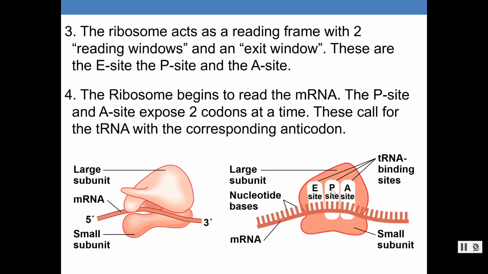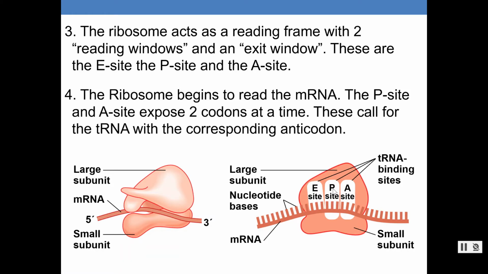Okay, so I have my E site and P site and A site, so there's actually room for 3 tRNAs to be here. So each one of these spaces has a different kind of function. The A site, this is where the tRNAs enter for the first time. So you can think of A for amino acid. So that's the A site. The P site is where the growing polypeptide chain is going to be attached.